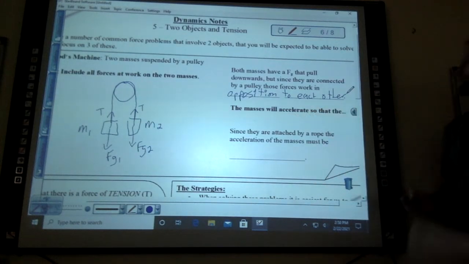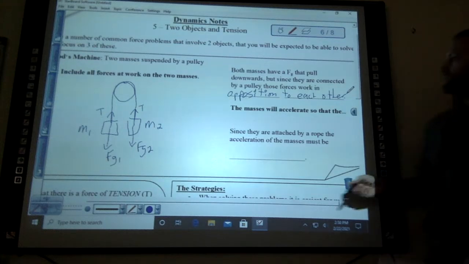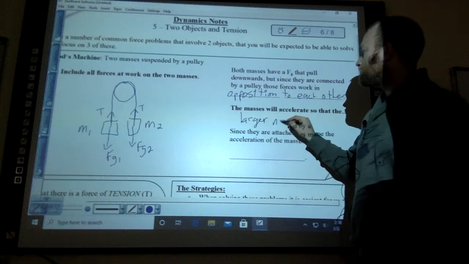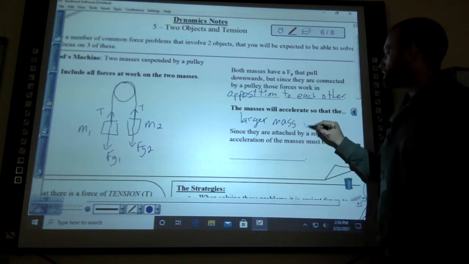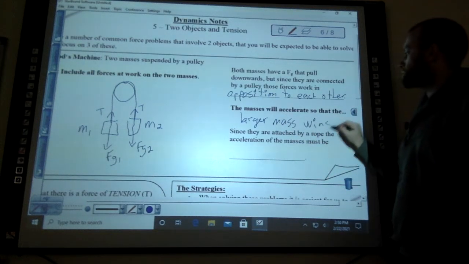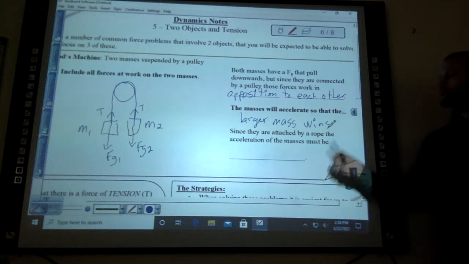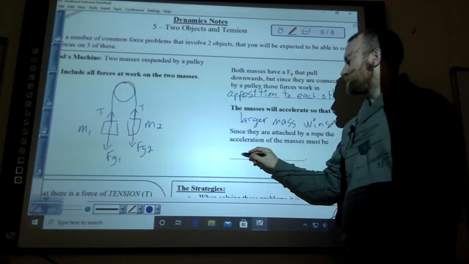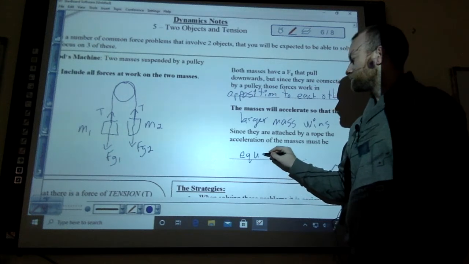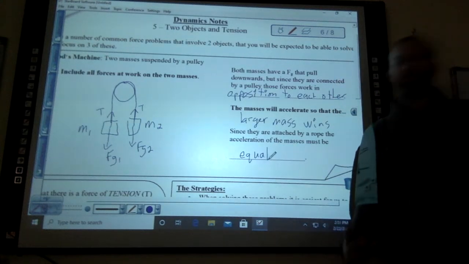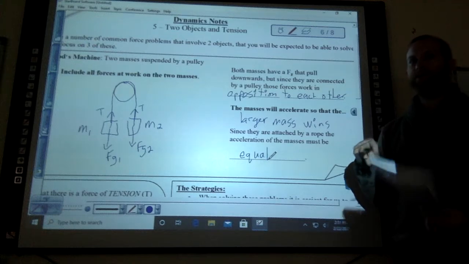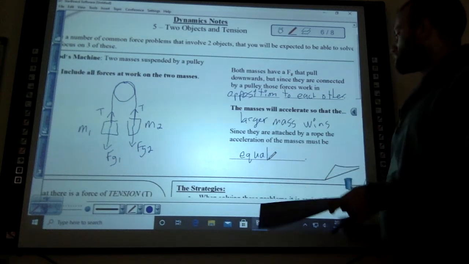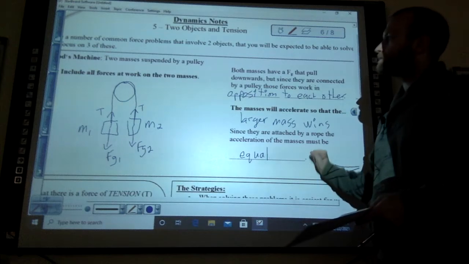So the masses will accelerate so that the larger mass wins, meaning the larger mass is going to go downwards. And since they're attached by the rope, the acceleration for both of these must be equal. So if they're not equal, if one accelerates faster, you're going to break the rope. So that's the Atwood machine.